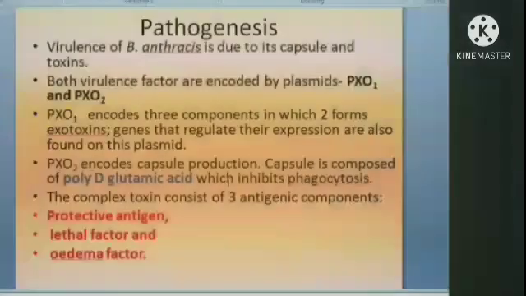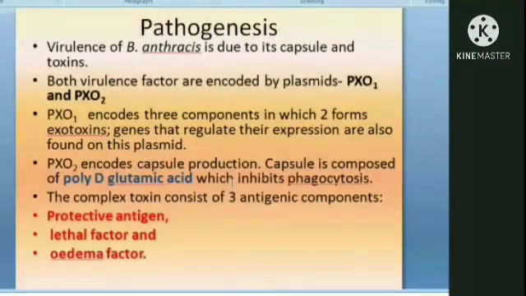Whatever virulence or pathogenic power they have, it is not because of the genes found in the chromosomal genetic material, but because of the genes located in the extrachromosomal genetic material, that is plasmids. So Bacillus anthracis has two kinds of plasmids, PXO1 and PXO2. Each plasmid encodes certain characteristics, because of which they get this virulence character.